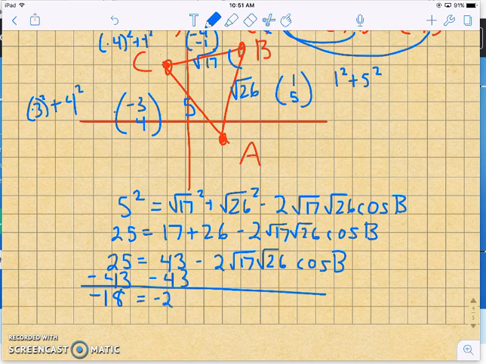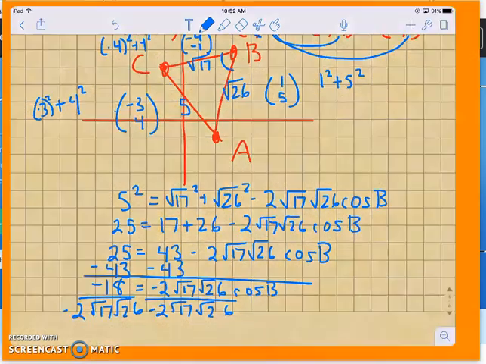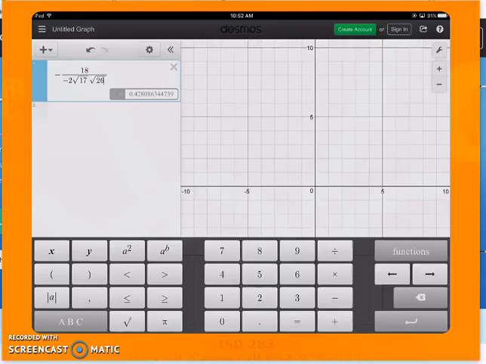Equals all of this. We got to divide by this. So let's see, if we put that in there, -18 divided by -2 times the square root of 17 times the square root of 26, .428.